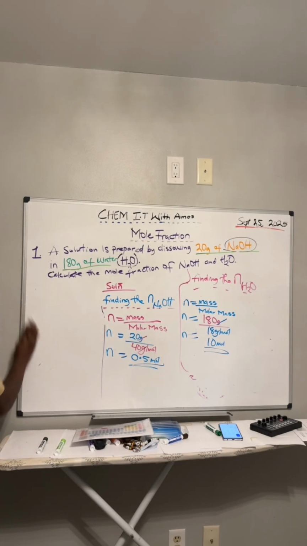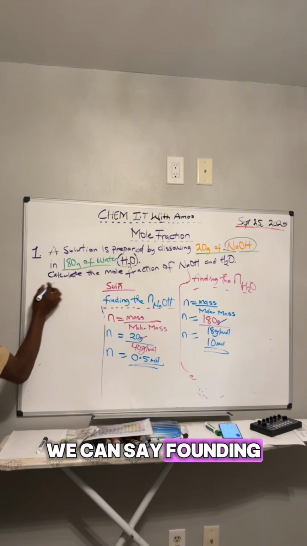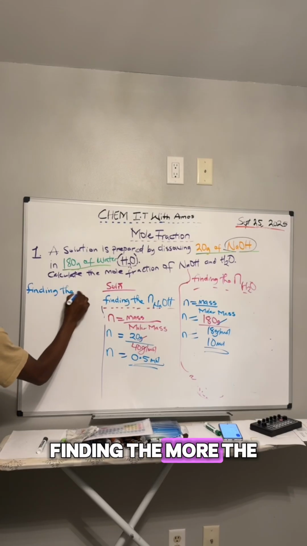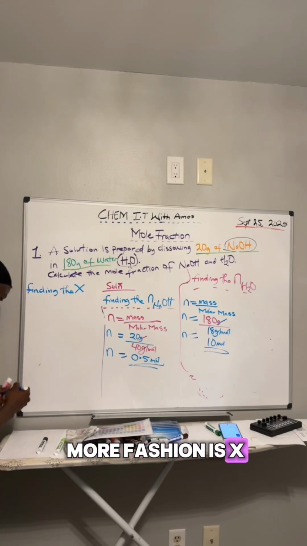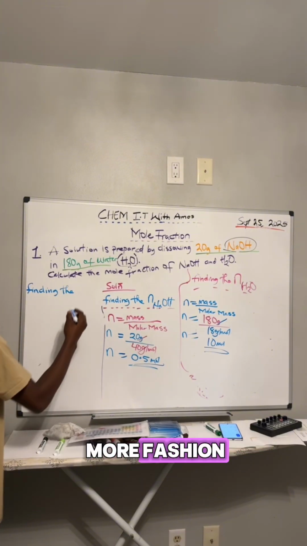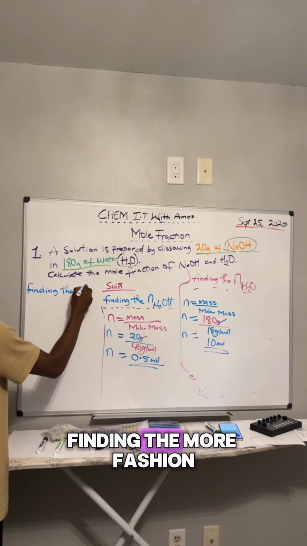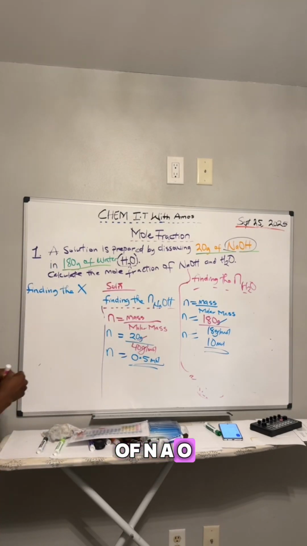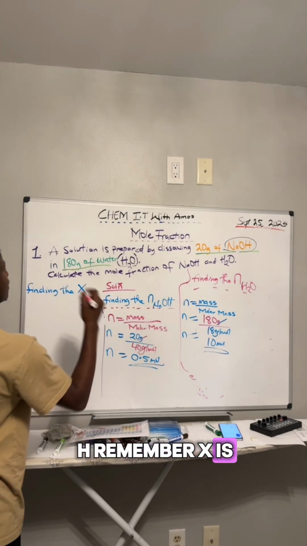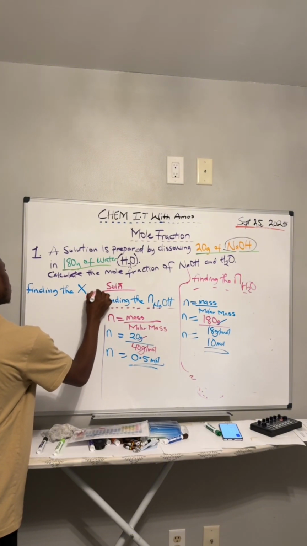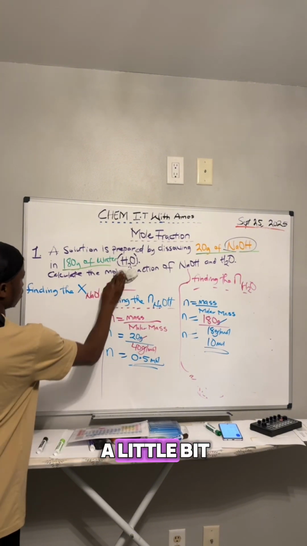Finding the mole fraction, X is the mole fraction. Remember that? Finding the mole fraction of NaOH. Remember, X is the mole fraction of NaOH. Can erase this a little bit.